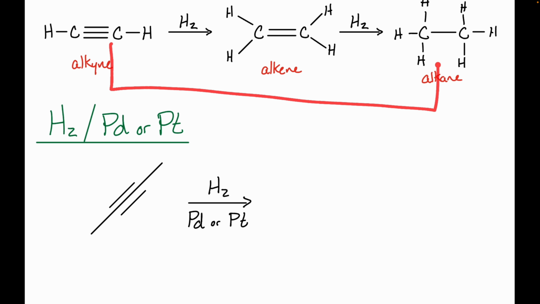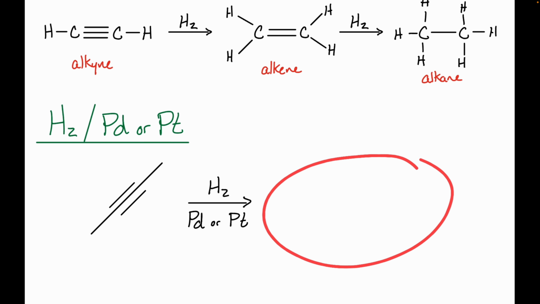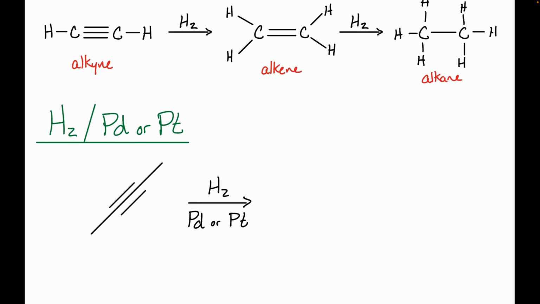It'll blow right past and give you your alkane product. You'll always get your fully reduced, fully hydrogenated product here, an alkane. To be clear, what we've done is we've added hydrogens to either side of that carbon-carbon triple bond, but we've done it twice.